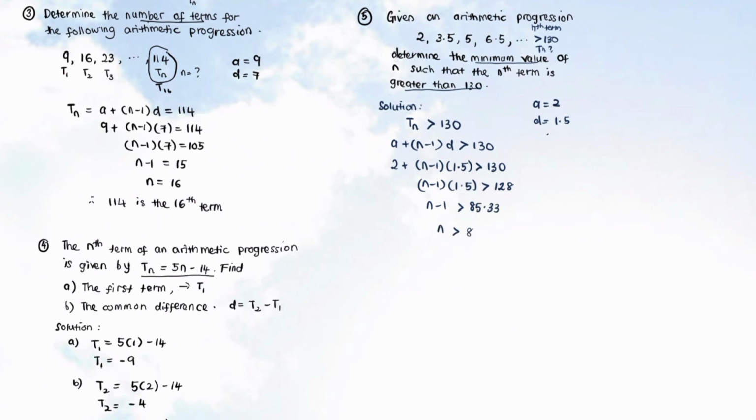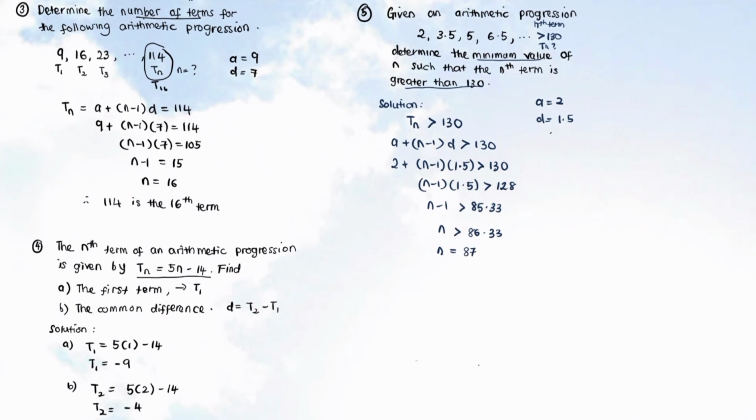So n is greater than 86.33. Hence n is equal to 87. It means that at term 87, the number becomes greater than 130.